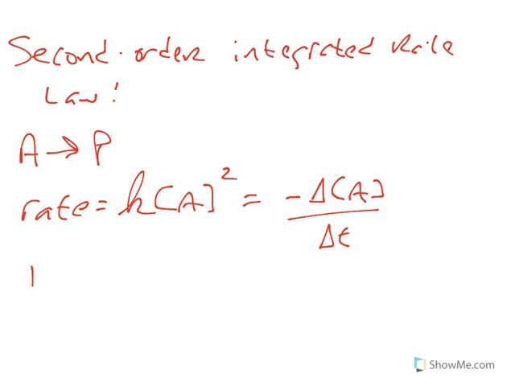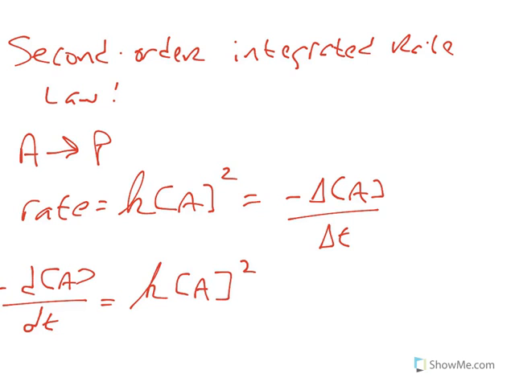So I can fix this now. I've set the rate of consumption equal to the rate law, which I can totally do anytime, and this just happens to be a rate law for a second order equation.